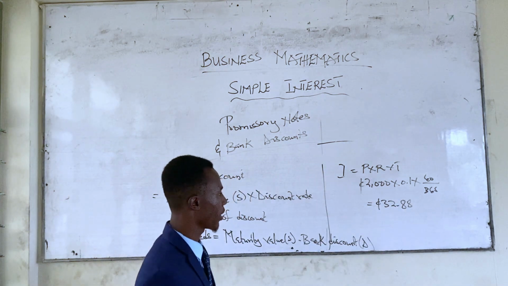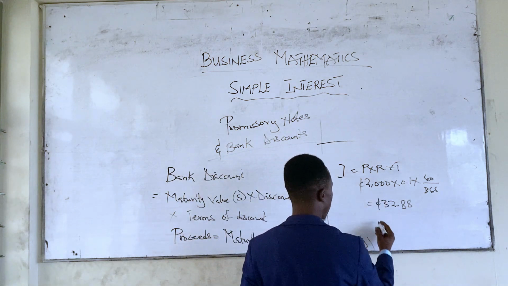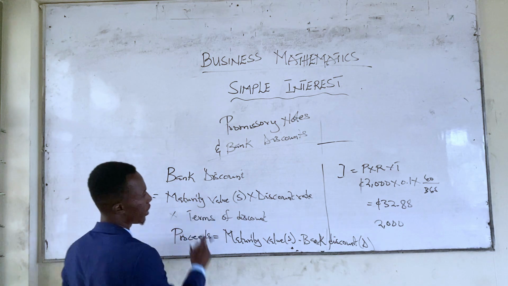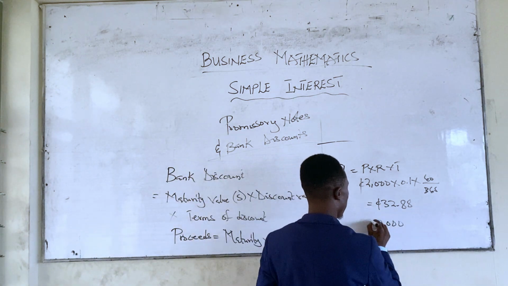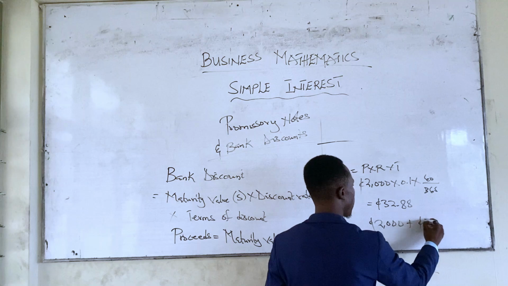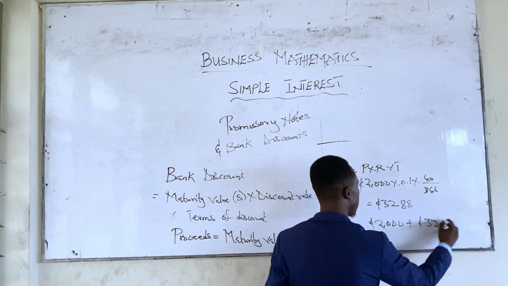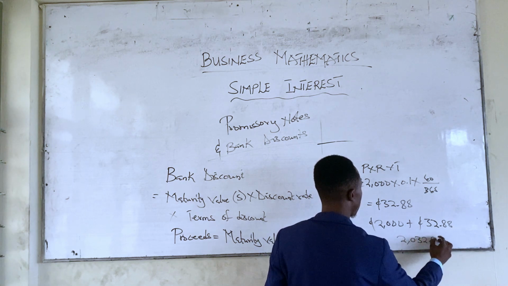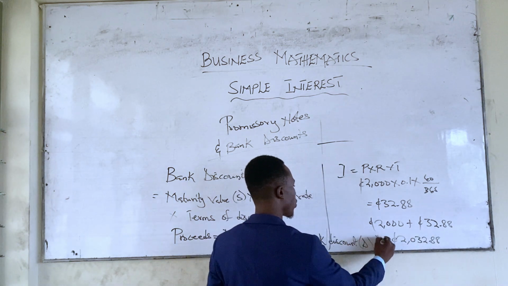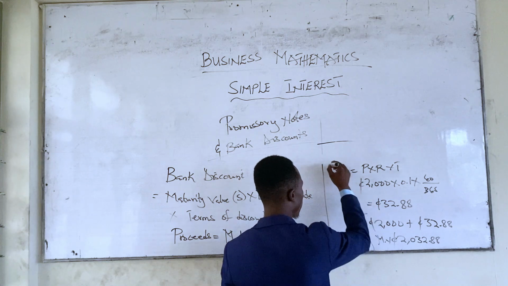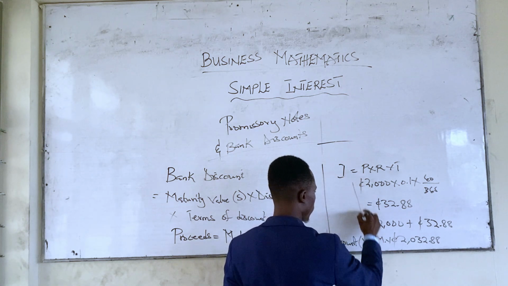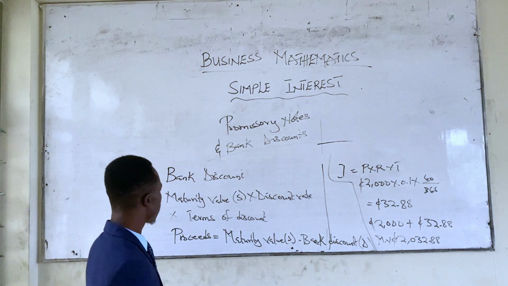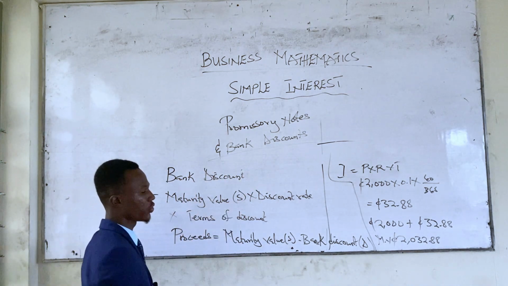Okay. Then the maturity value is the principal plus the interest. So the principal here plus the interest, which is 32.88. In this case, you have 2,000 and 32.88 Ghana cedis. So this is your MV. So it means you know how to calculate the maturity value.